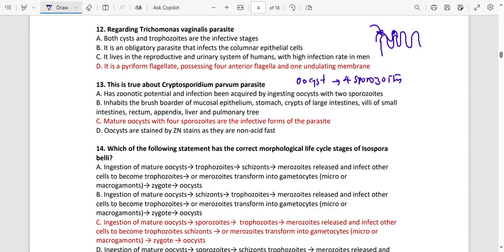And then what happens is that when the sporozoites have attached to the receptor of the apical side of the epithelial cell, they are going to start releasing their contents. They have got organelles on their apical end. They will start releasing those organelles.